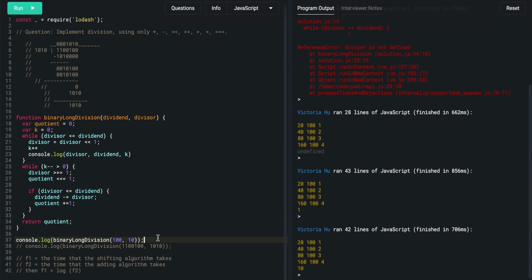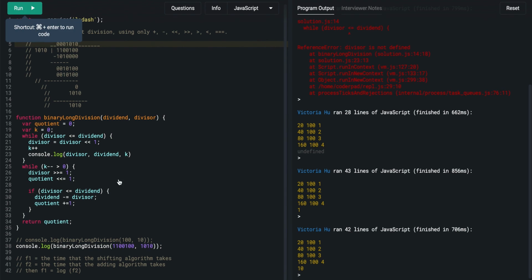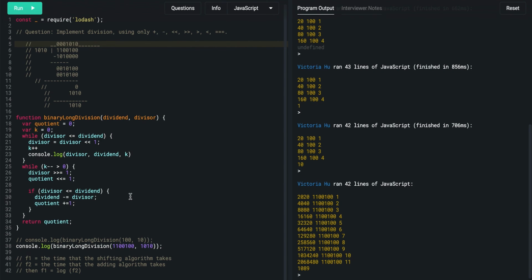Okay, so that's the correct answer for this one. We get 10. Now I'm going to try it for this one. We should get an answer of 1010, or rather that would be the binary answer. Okay, so as you can see, it's processing each of these steps, and we get a final integer answer of 1089.